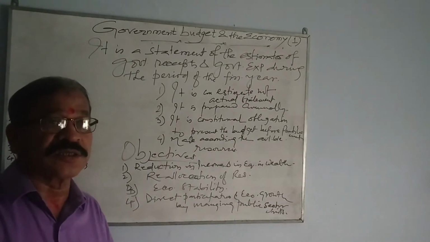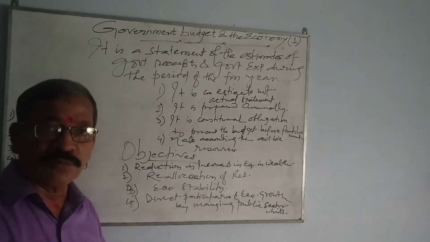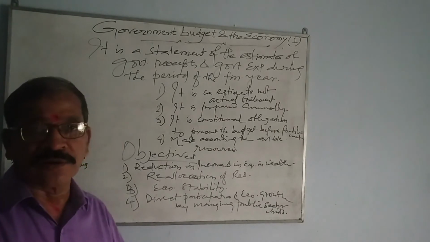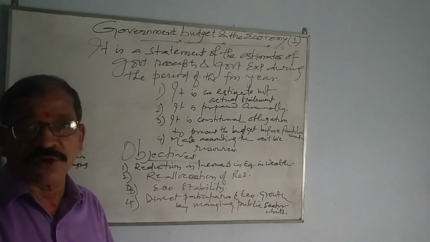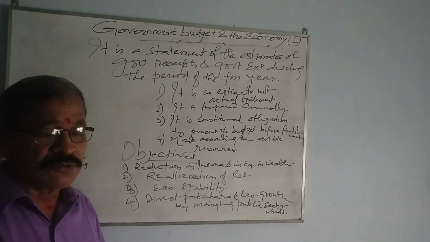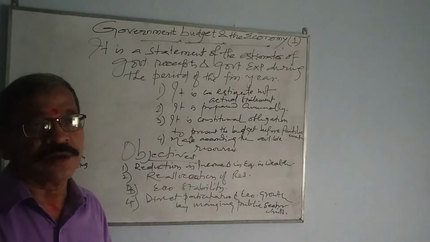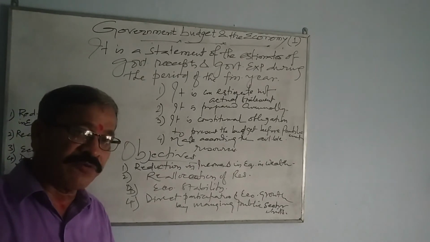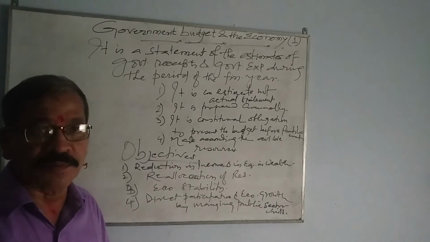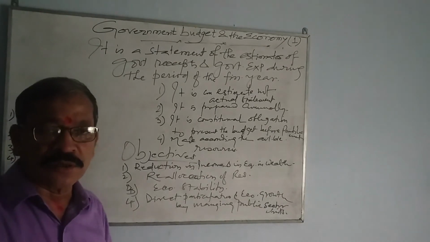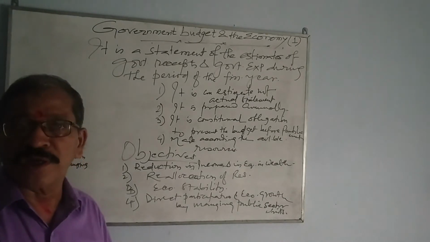A particular region is developing very fast, the other particular region is not able to do that well. So the resources, whatever the resources the government has, those resources are properly reallocated so that the gap between regions, where a particular region is very developed and a particular region is not at all developing, can be minimized.